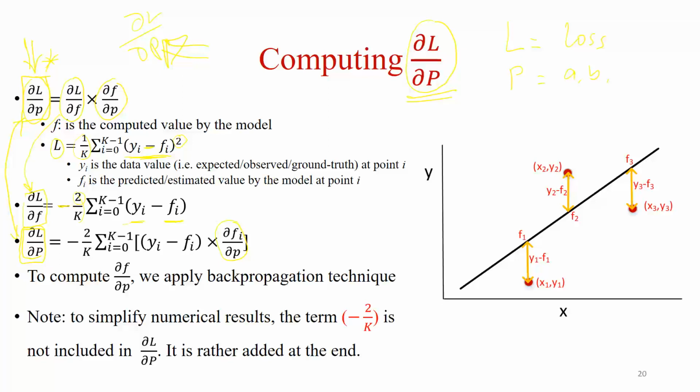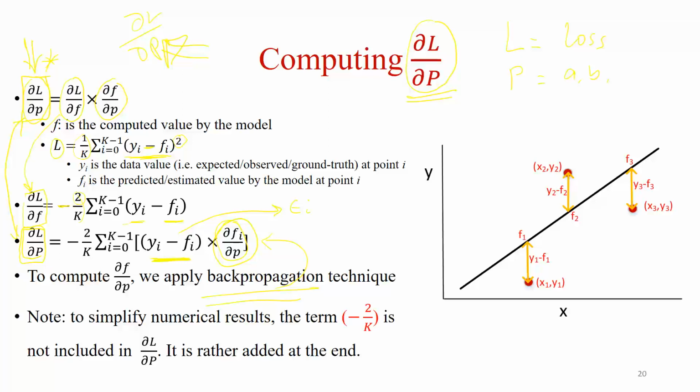Now, it turned out this is very simple. This is basically my error for every point, by subtracting the expected minus the estimated. But the harder part, and that's why I use backpropagation, is to compute delta F over delta P, the change or the derivative of the output of the model with respect to the parameters.